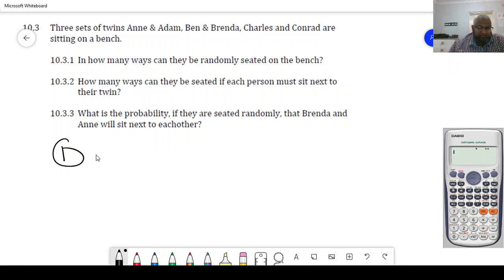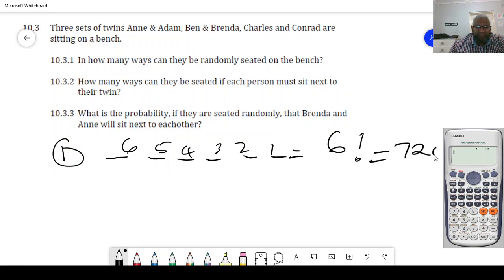If the bench seats all 6 of them, how many options do we have? 6, then 5, 4, 3, 2, 1. Because if the first person is sitting, we have 6 options here. Once 1 person is sitting, we have 5 people left, then 4, and so on. So this can be represented as 6 factorial, and 6 factorial, I think it was 720 if I'm not mistaken.